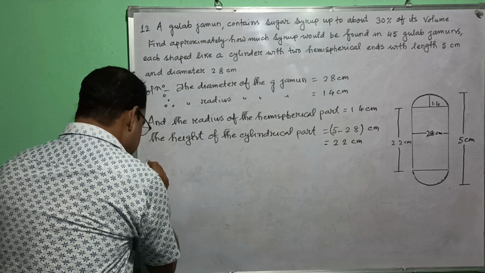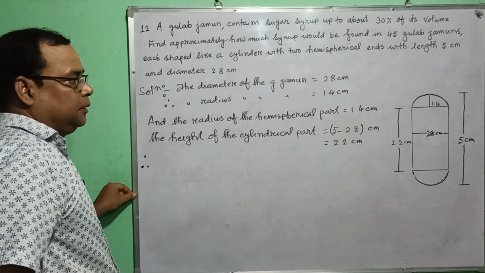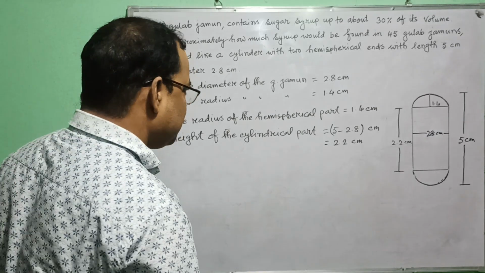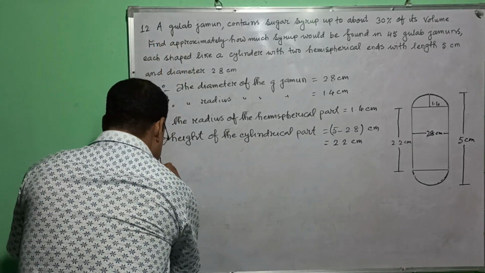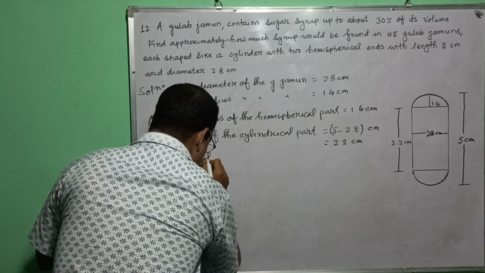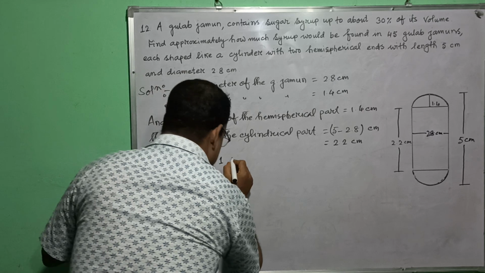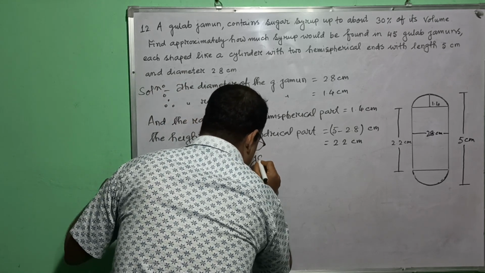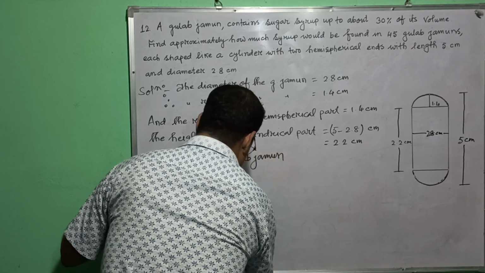Now we'll write, therefore, first we will find the volume of one gulab jamun. Therefore, the volume of one gulab jamun equal.